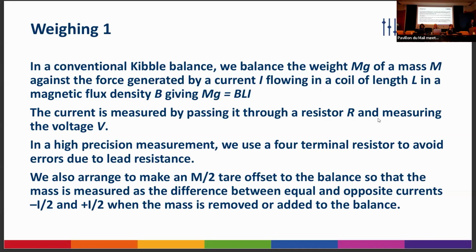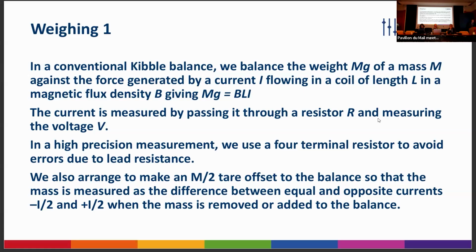Also, we arranged to make an offset in the current of I/2, so that the mass is measured as a difference between equal and opposite currents. A number of people have said why we do that for certain parts of the balance. For the electrical part, we switch between plus I/2 and minus I/2 when the mass is removed or added.